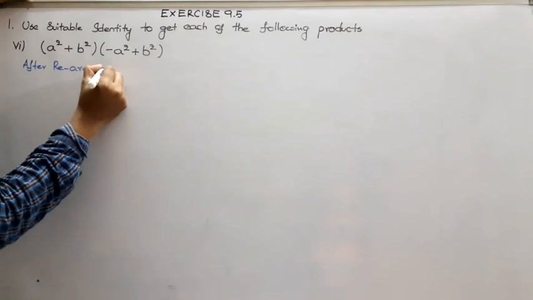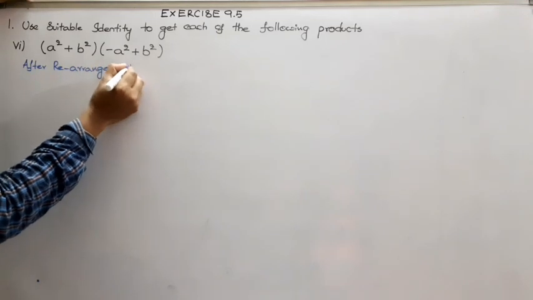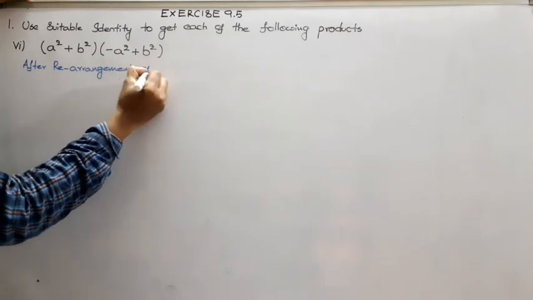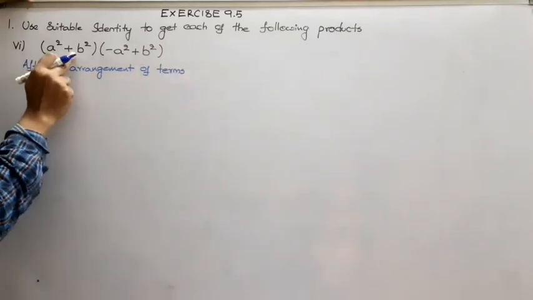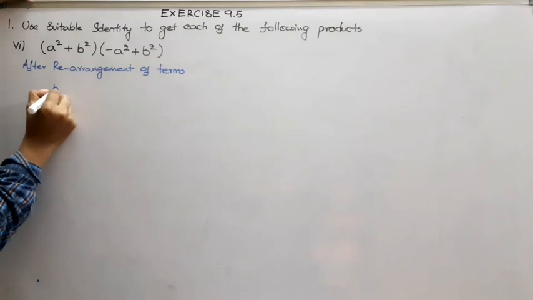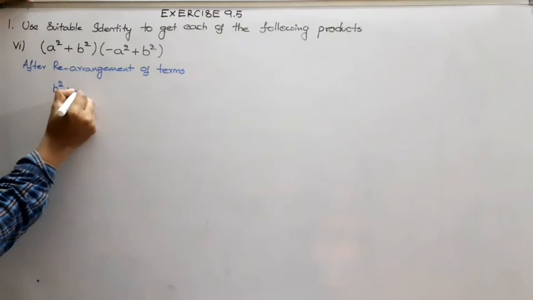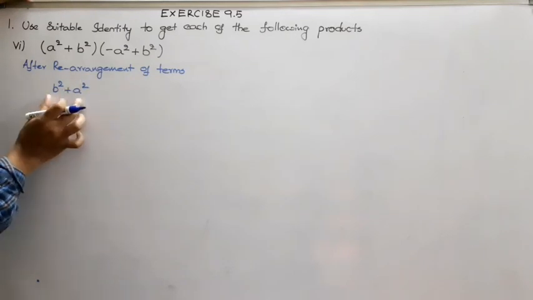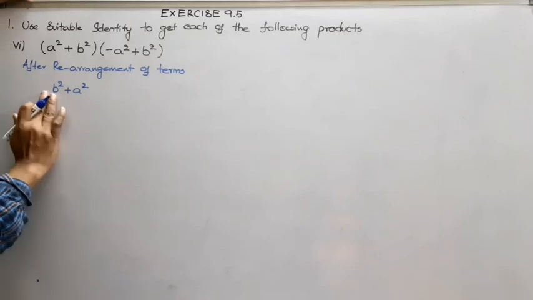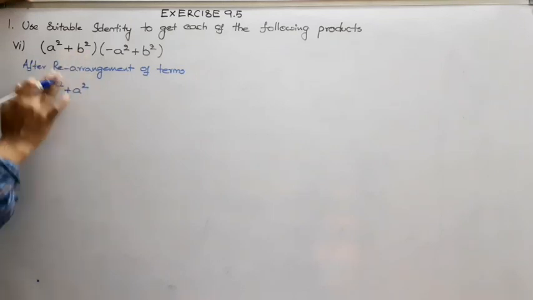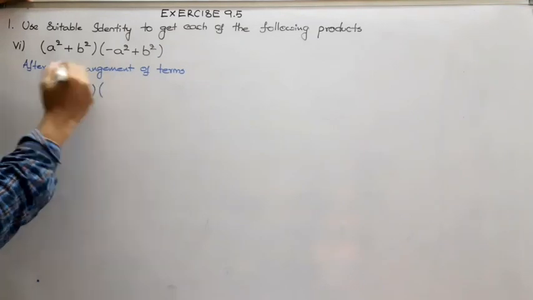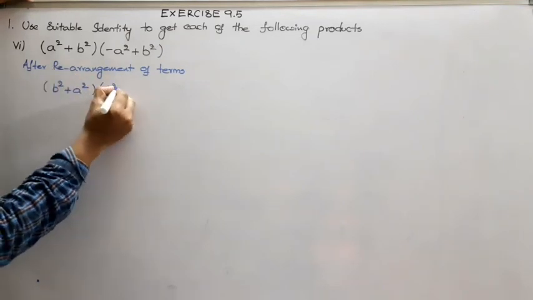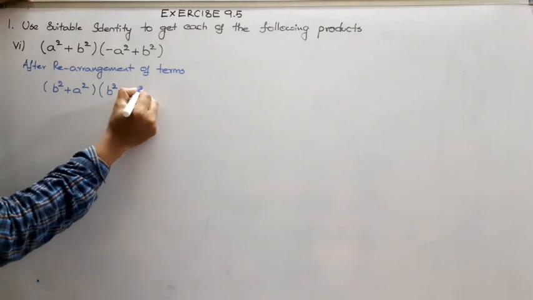You should be very careful while you are rearranging the terms. After rearrangement, we can write a square plus b square as b square plus a square, isn't it? Is there anything wrong with this? No, because the same signs, plus b square plus a square, multiplied by, here also, b square minus a square.